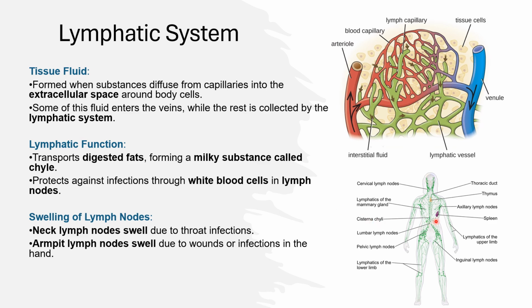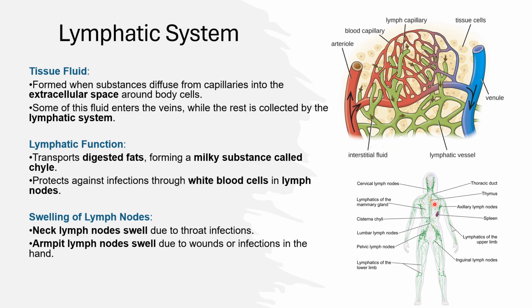We have lymph nodes in different parts of our body, and these lymph nodes swell when we are infected, depending on which part. For example, if your throat is infected, your neck lymph nodes might swell. If you have any wounds or infections in your hands, your armpit lymph nodes might swell. So it depends.